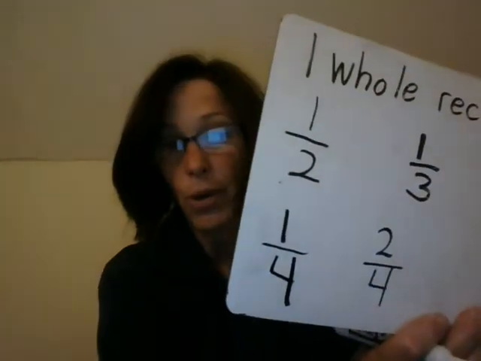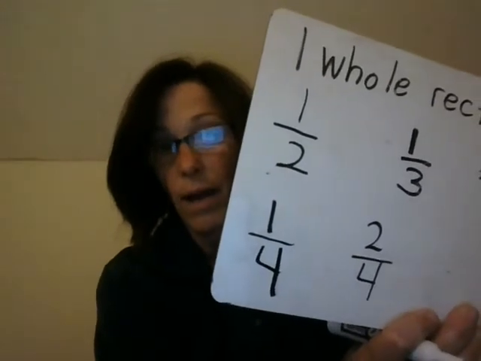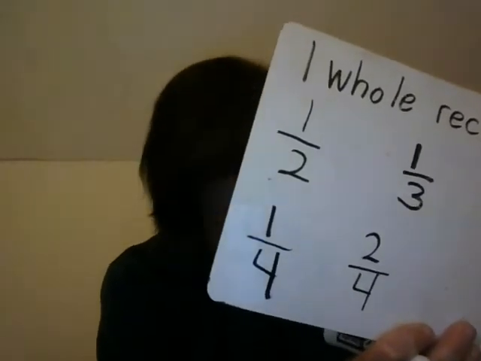Beautiful. If I do this, how many parts do I have now colored? You're right, 2. And I always still have 4 parts, correct? And now 2 are colored. Or I would say that fraction is 2/4.